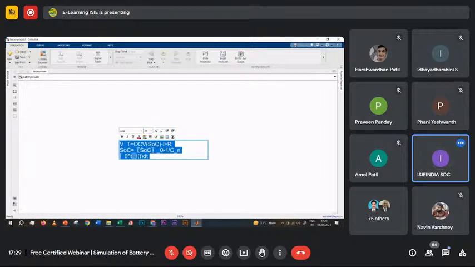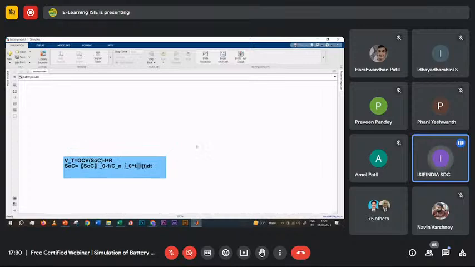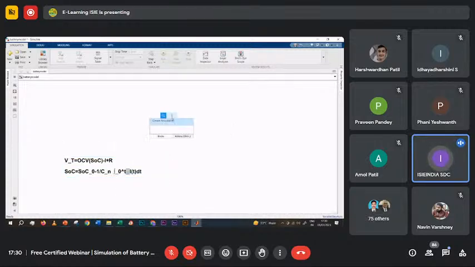Okay. First of all, I will be developing this equation. Here we can see that this is SOC and this one is 1 by Cn. And here I have the integrator. So you can see here integration. First of all, I will call for an integrator.